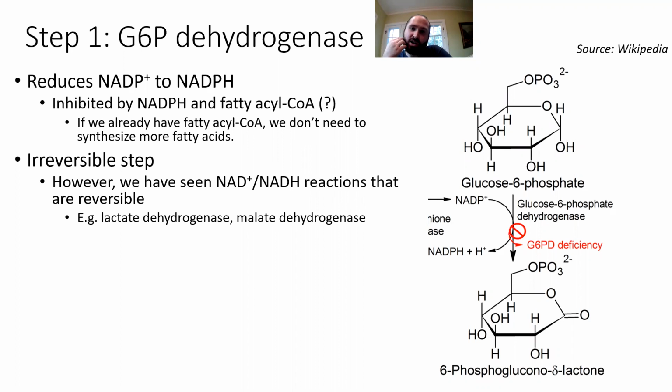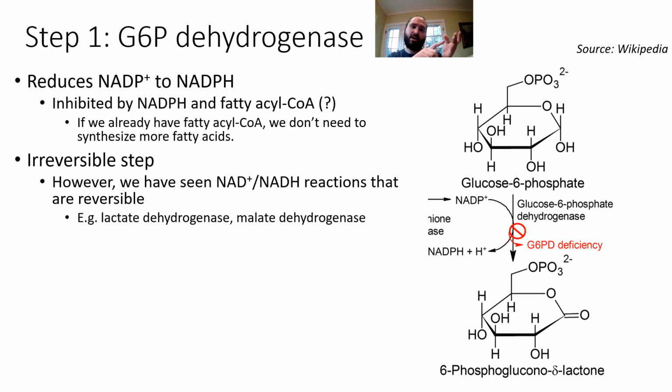When we talked about the malate shuttle in gluconeogenesis, remember the problem was that oxaloacetate is an intermediate between pyruvate and phosphoenolpyruvate, PEP, in gluconeogenesis, but oxaloacetate doesn't have a transporter. So what happened was oxaloacetate got reduced to malate using an NADH, and then malate has a transporter, a shuttle, which we'll go into again today.